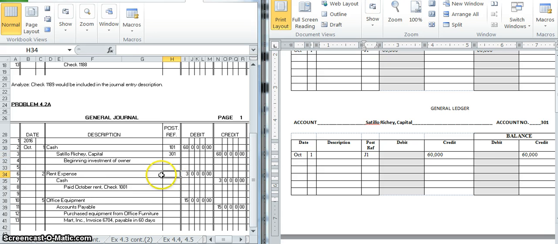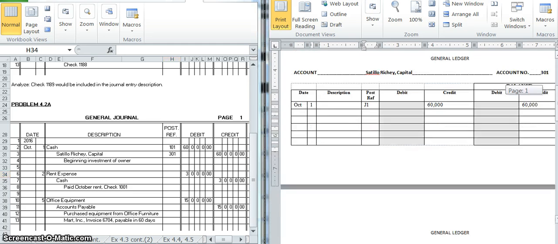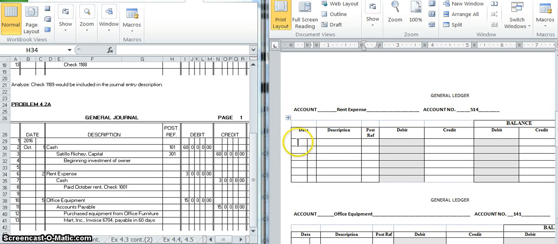Then we go to the next entry, rent expense. So we're going to go down to our rent expense account in our general ledger. We're going to enter the date, October 2nd. Where did we get this information? General Journal, page 1. And rent expense is an expense, so it has a debit, $3,000.